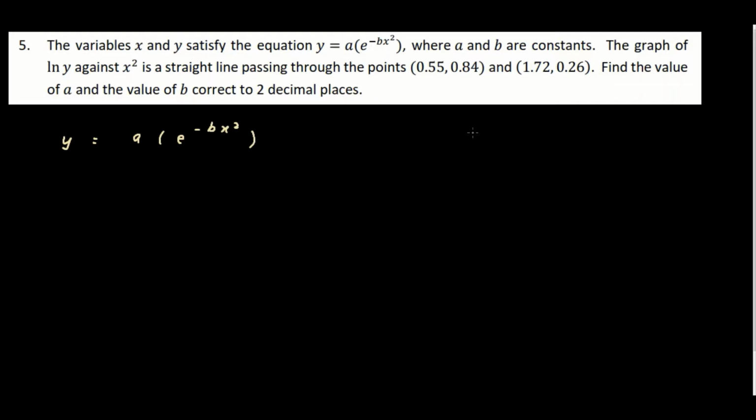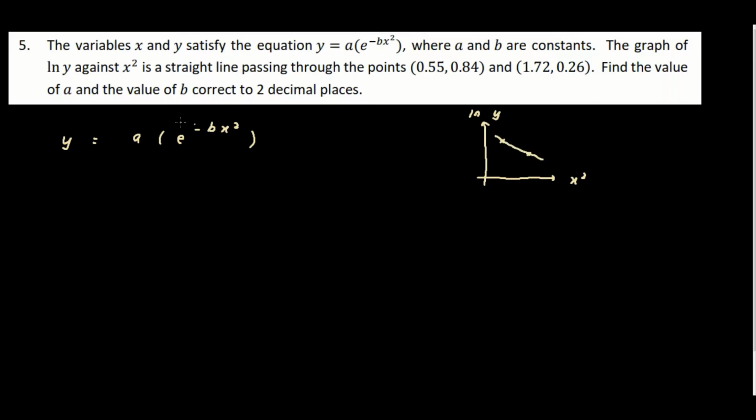They said that you can draw a graph of natural log of y against x squared with these 2 points. So 0.55, 0.84 maybe somewhere here. 1.72 is to the right, but lower. So it might look like this.